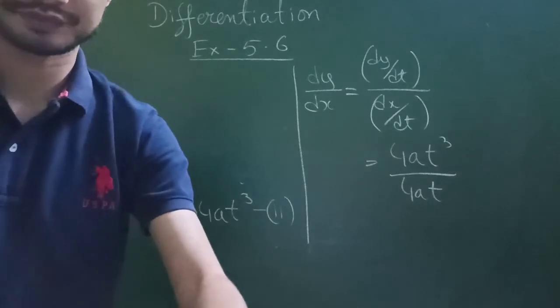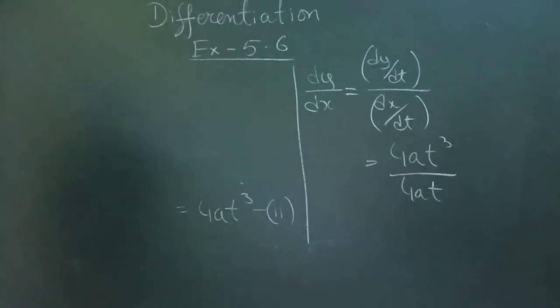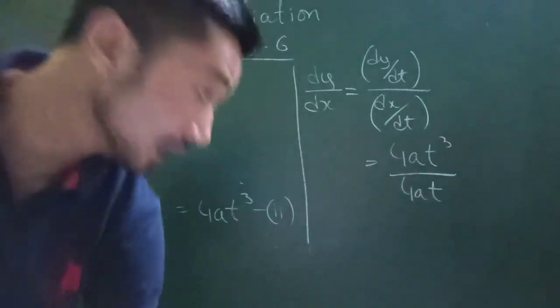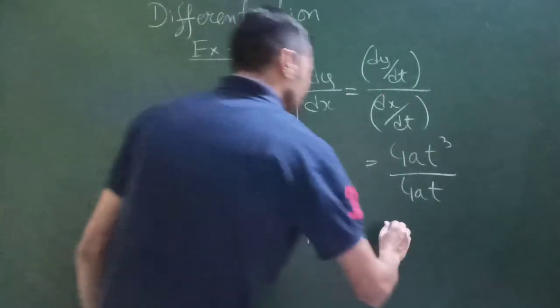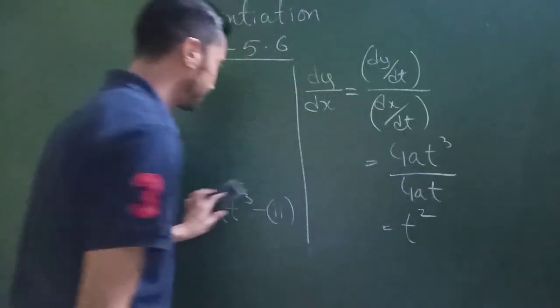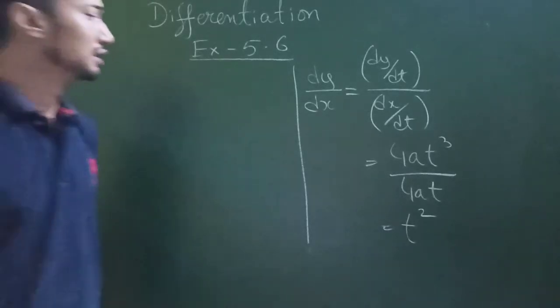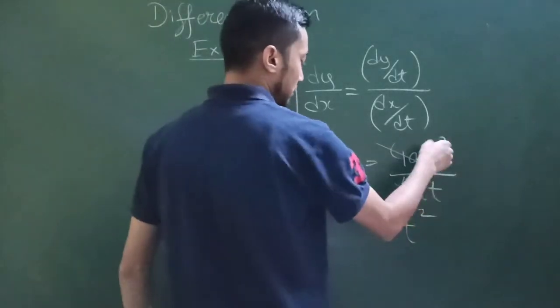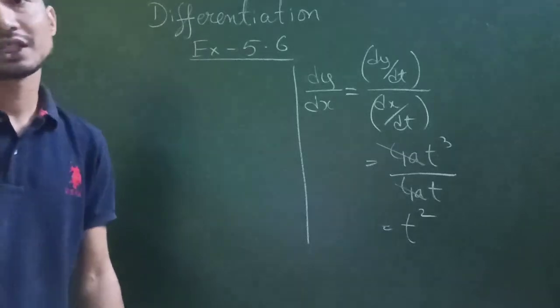Did you get it? So the solution is 4a cancels, and that's t². So 4a is gone, t². It's simple as that.